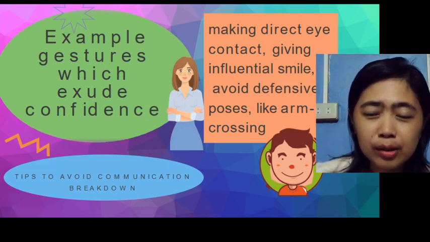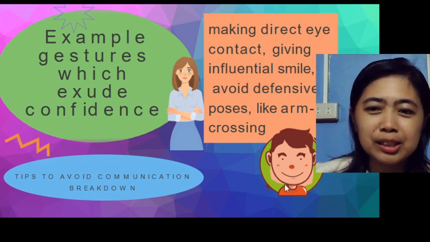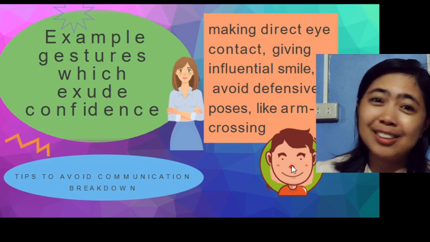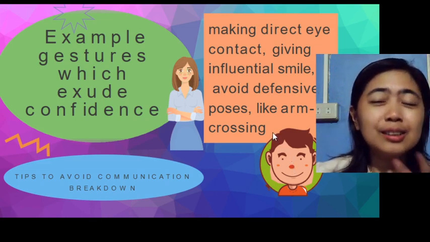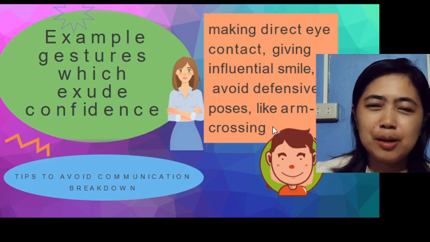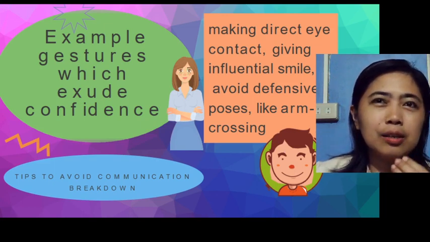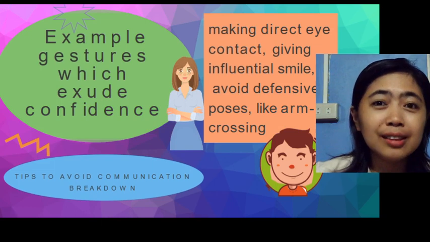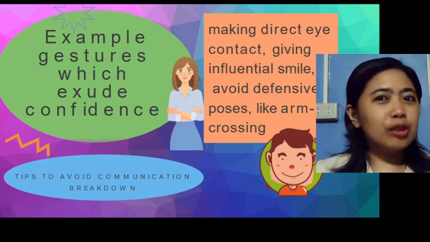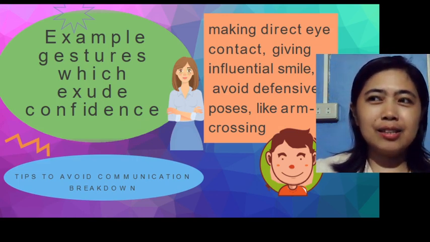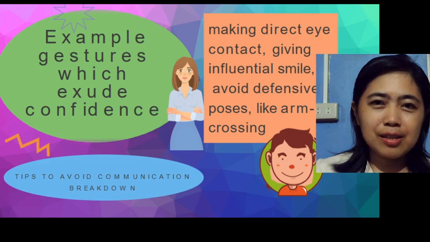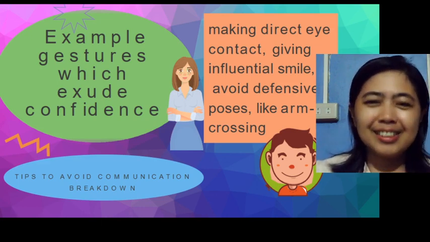Also give an influential smile, or just your charming face. It exudes confidence. Your audience would not know that you are nervous, because you have control of yourself, and you show confidence by smiling at your audience.